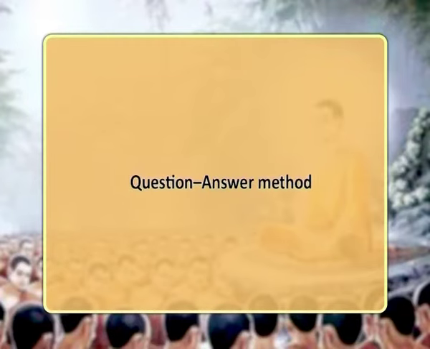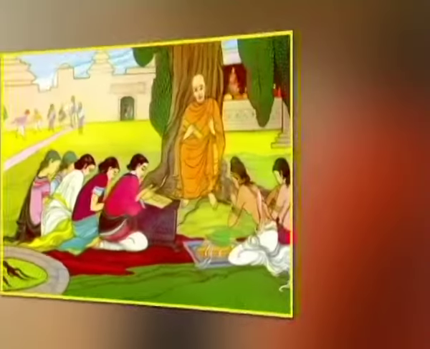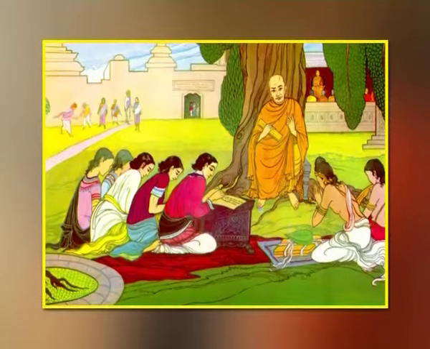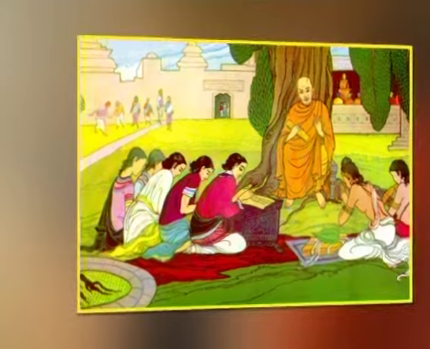The second important method is the question-answer method. Since Buddhism was a new religion, it was necessary to propagate it. Its successful propagation depended on the propagator's knowledge and his skill to answer the questions asked by a person. It is said that the question-answer method was very dominant, even when other methods and techniques had come into existence.